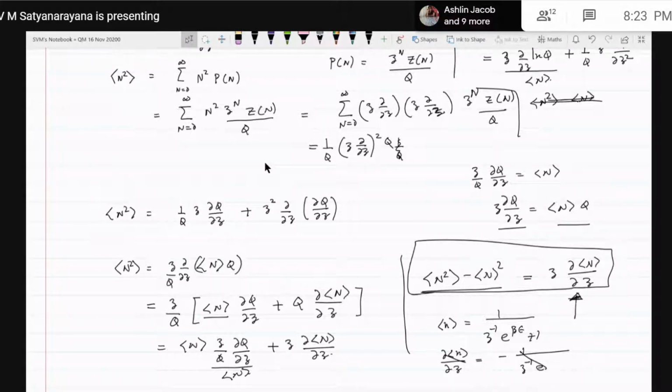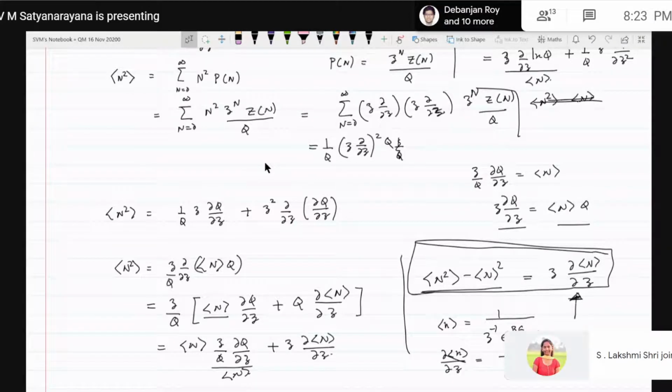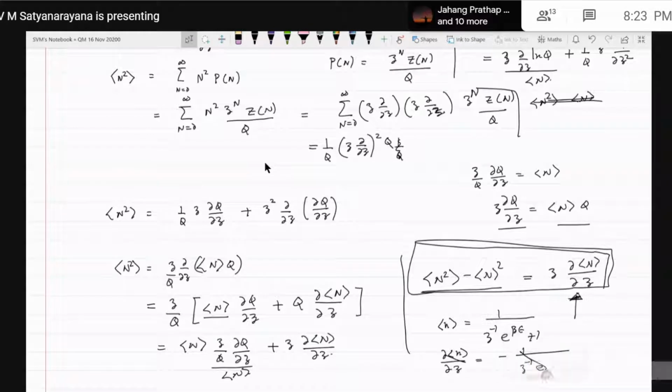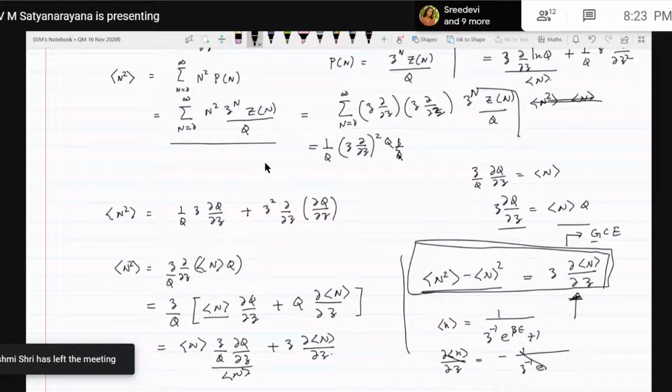So this is a general expression for a canonical, grand canonical partition function, because in deriving this, I have just assumed only grand canonical partition function. Correct? So this is average. This is the variance of any system, any grand canonical ensemble.